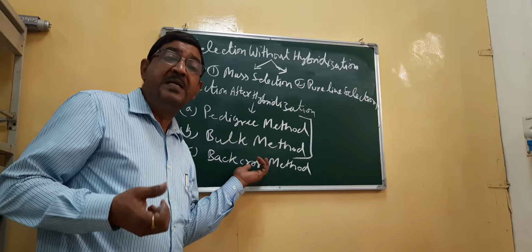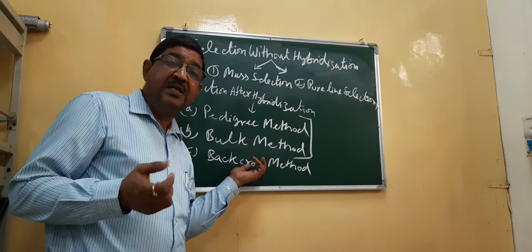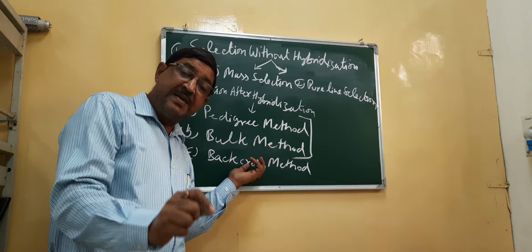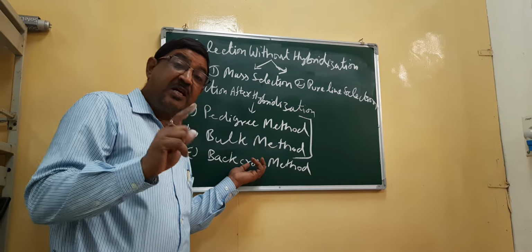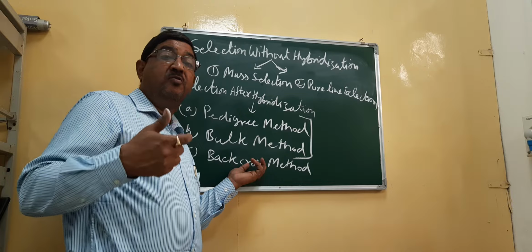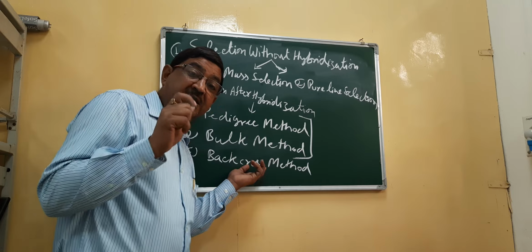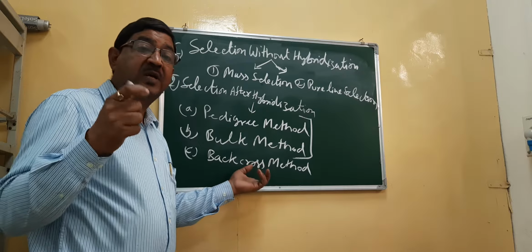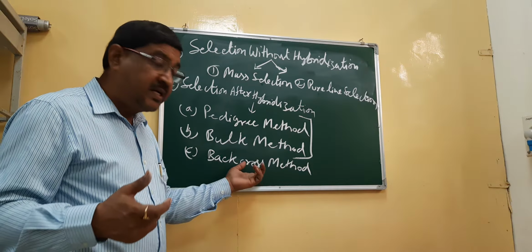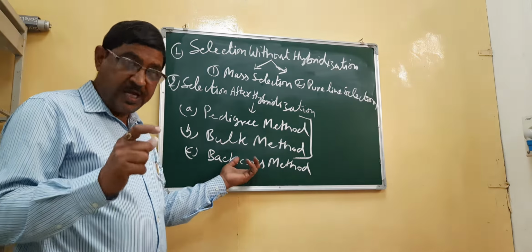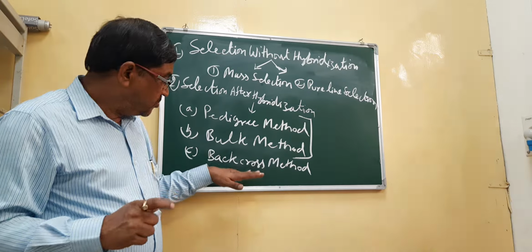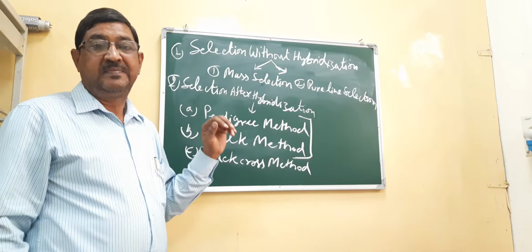This means improvement in a popular variety if you need. The variety should be the same variety. There should not be any change, because farmers are willing to have that only. But it has some defect. So can you correct that defect? Yes, you can correct it through backcross breeding.